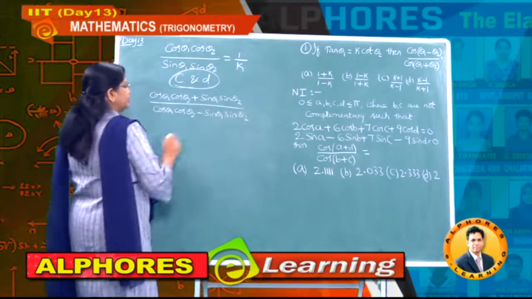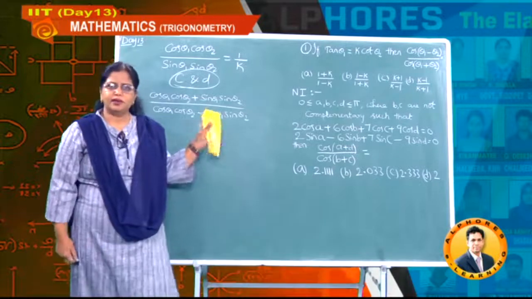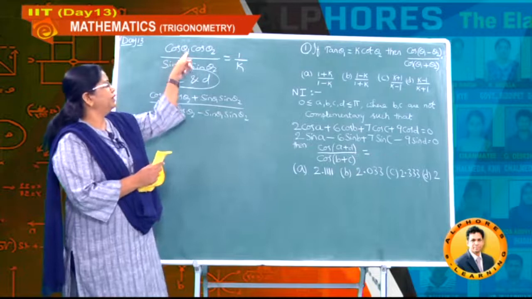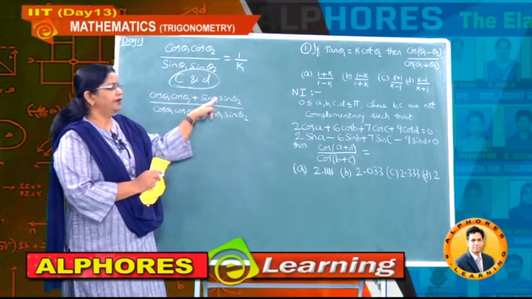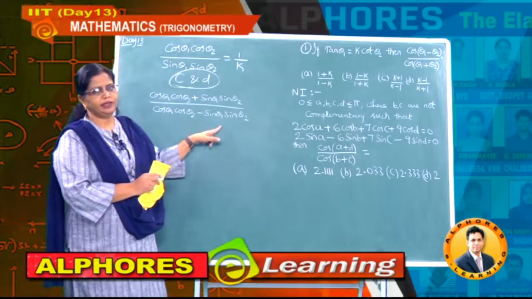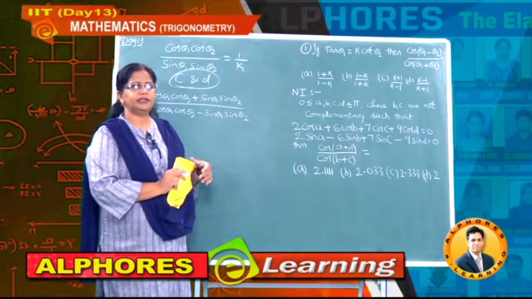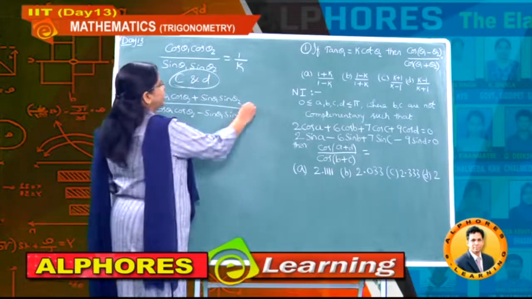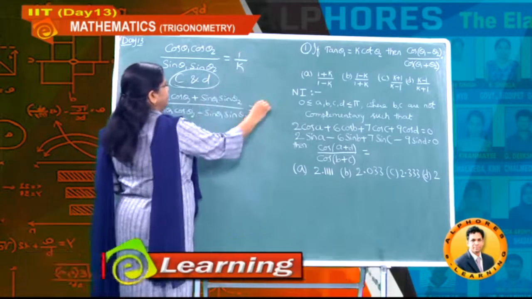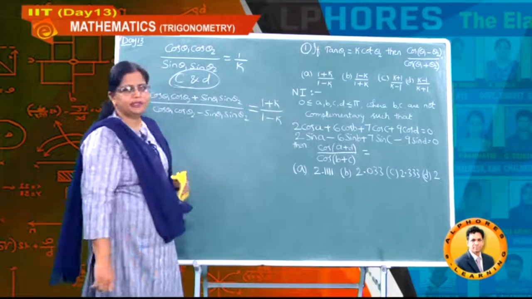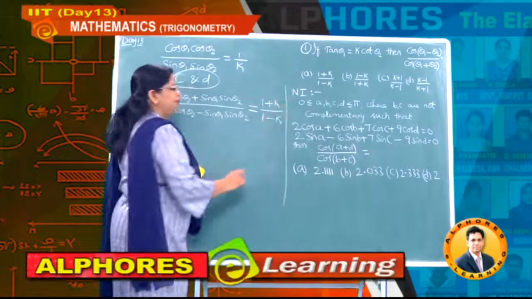Understand students? So what we applied here? This componendo dividendo concept, here we applied numerator plus denominator divided by numerator minus denominator. Simultaneously, what about RHS? If you take RHS, 1 plus k divided by what is this value? 1 minus k.